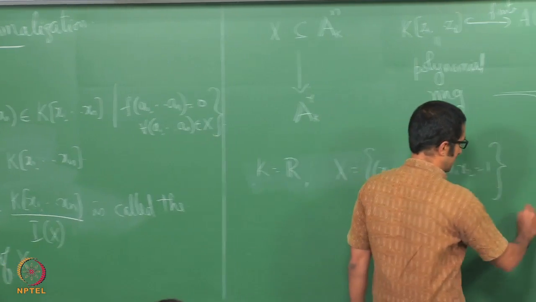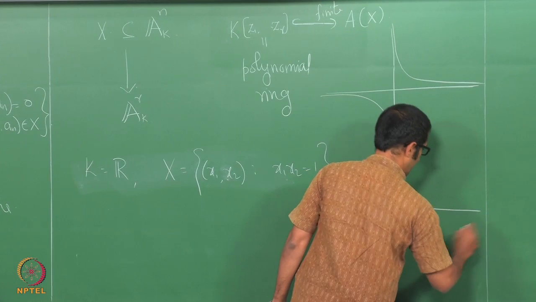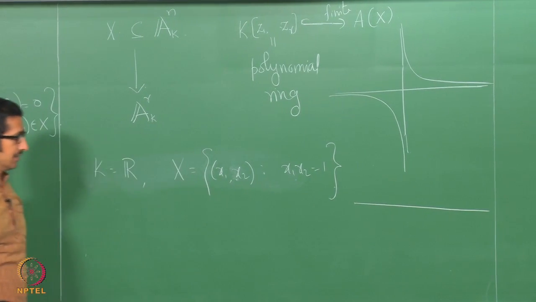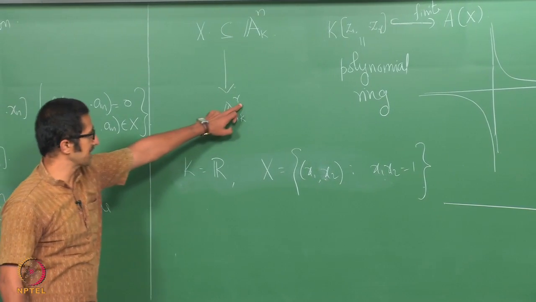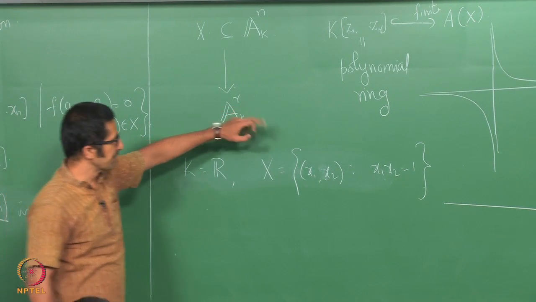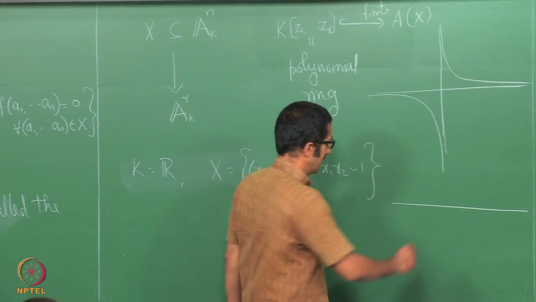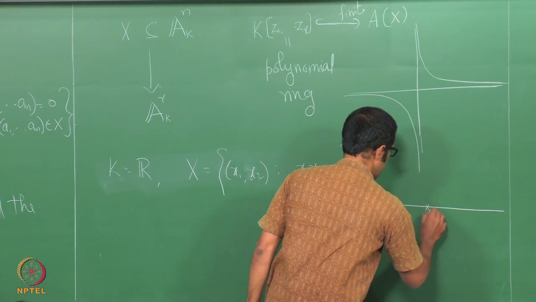Now, if I look at this with r equal to 1 and take the projection, I will miss the point 0.